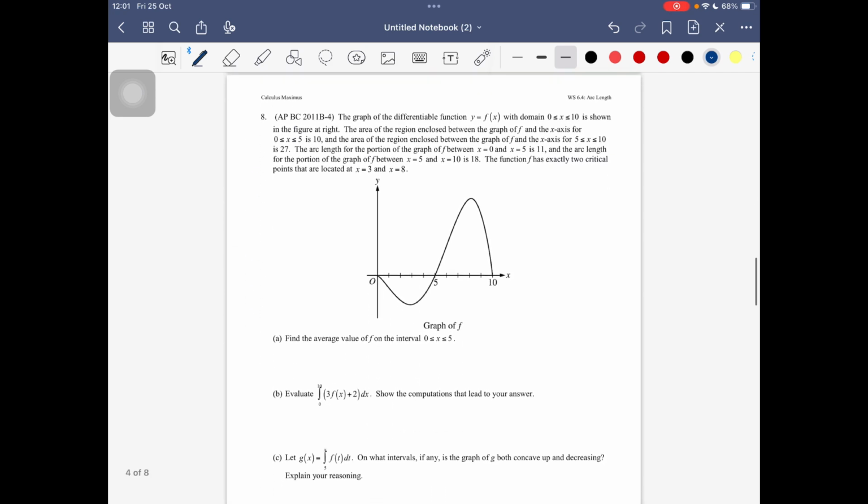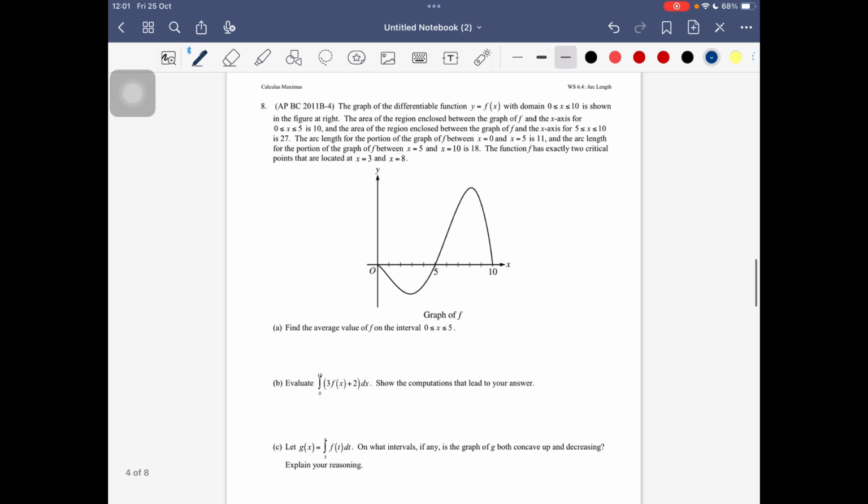Number 8, domain 0 to 10, and the enclosed areas are 10 and 27, lengths 11 and 18, and this is 3 and this is 8. This is what it described.